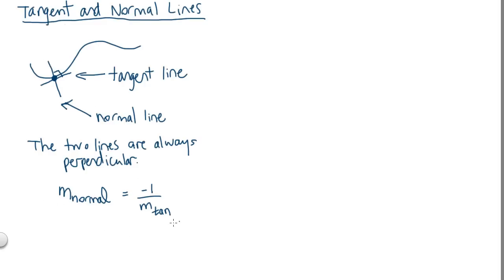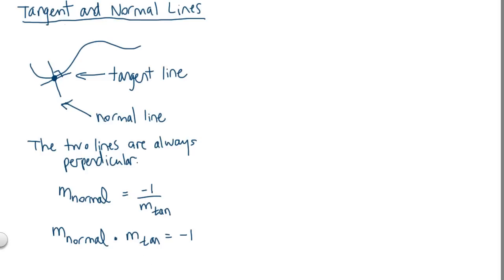So this is one way of describing that. You can also think of it as saying the slope of the normal line times the slope of the tangent line is equal to -1. So just a different way of expressing that idea. Two perpendicular lines always have slopes that multiply to -1.